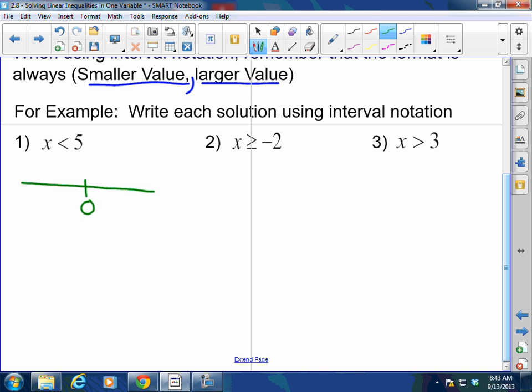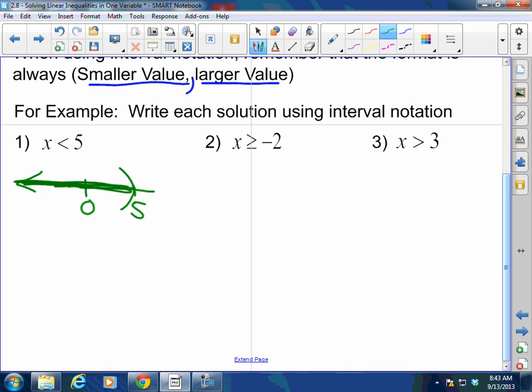Okay. I always put my 0 to have a reference point. Here's my 5. And I'm going to have x is less than 5. So is it going to be to the left of 5 or to the right of 5? Okay. So I put a parenthesis at my 5. That tells me, hey, reader, 5 is where it stops, but it is not included. 5 is not included, but everything to the left is.